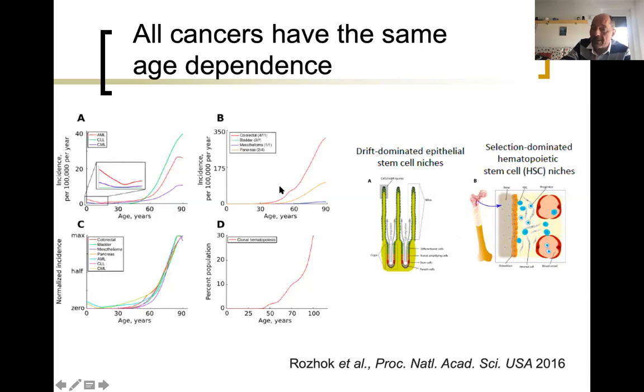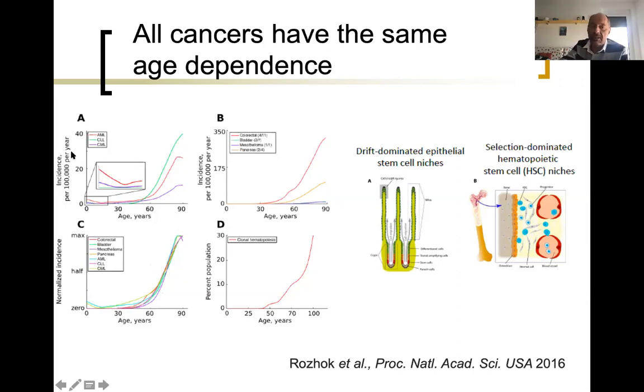This is the colon cancer, and this is pancreas cancer. Of course, they look different, but if you normalize the absolute value, the age dependence is almost the same. There is always a sort of small increase here, which is essentially driven by strongly genetic dependent tumors that are pediatric tumors.